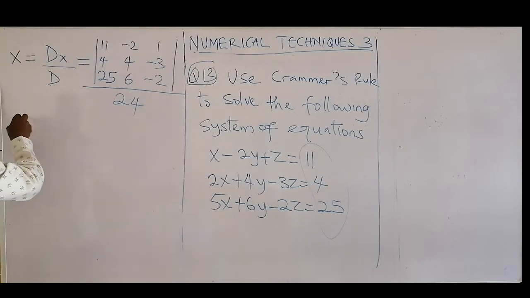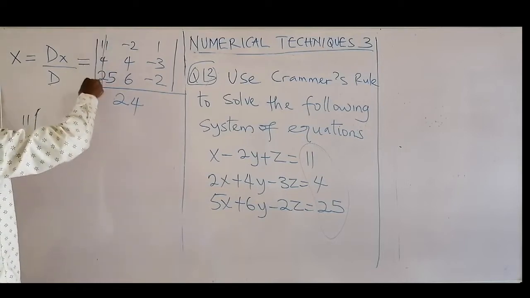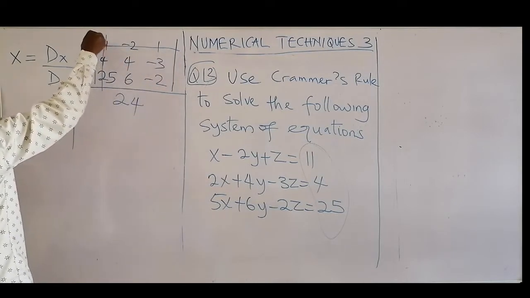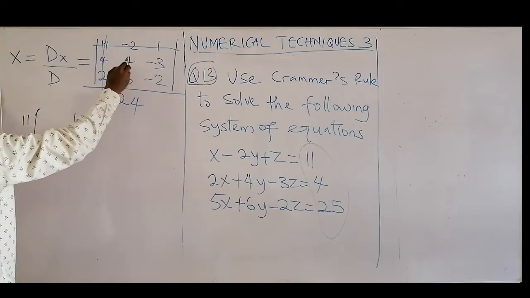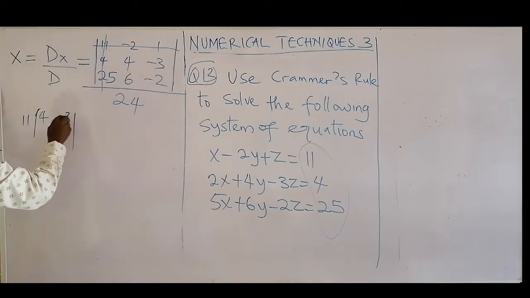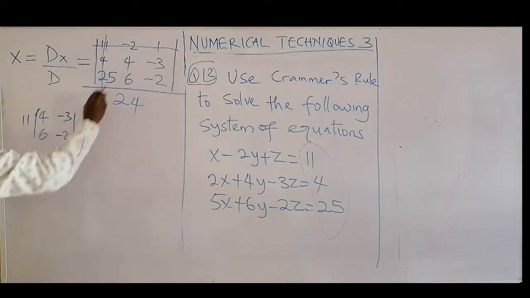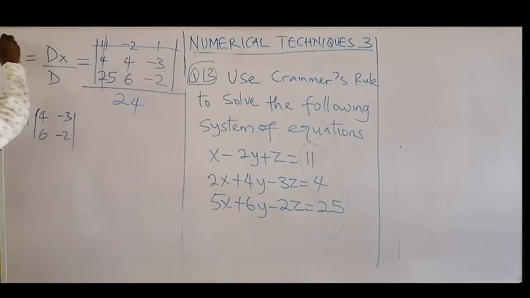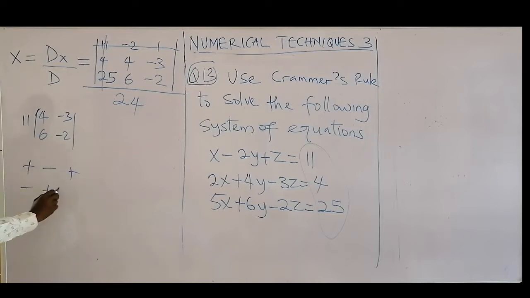So let's get that value now. That will become 11 into bracket, determinant of that. Close this place, close it vertical, close it horizontal. So what you have is 4, -3, 6, -2. What you have is -2. Don't forget the cofactor sign, which I explained: plus, minus, plus, minus, plus. If you are using the first row for your evaluation, you have to do it in conjunction with this sign.